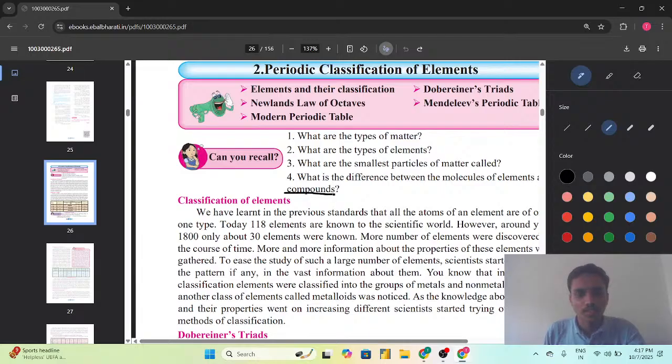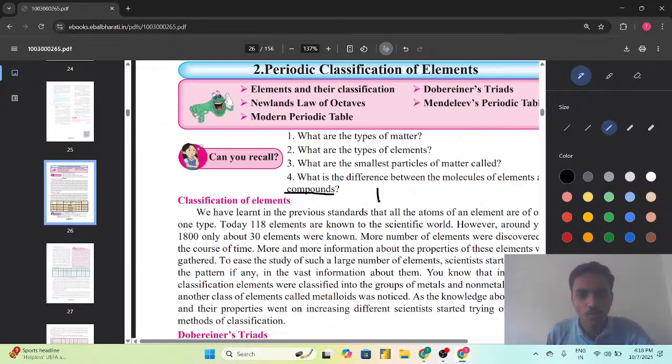In a mixture, when two or more substances combine in any proportion, a mixture is formed, and in a fixed proportion, a compound is formed.